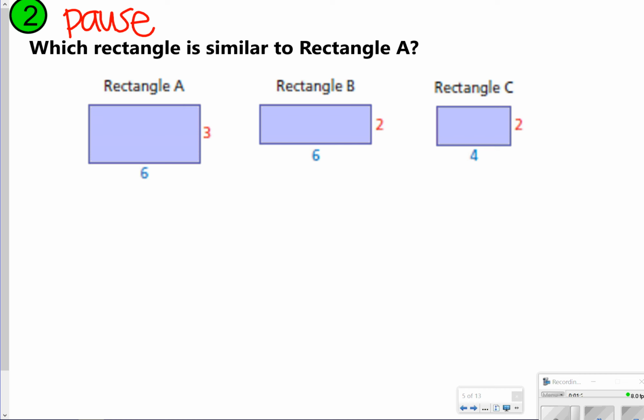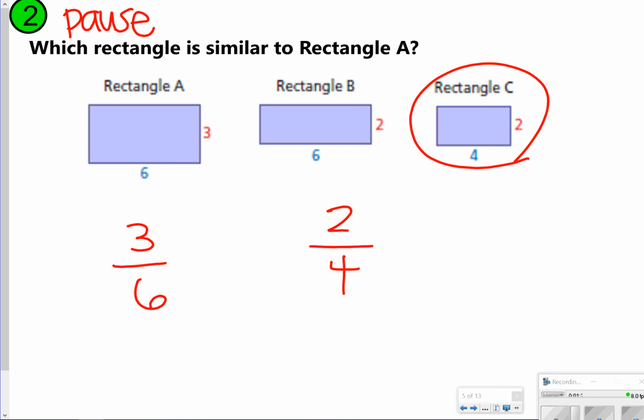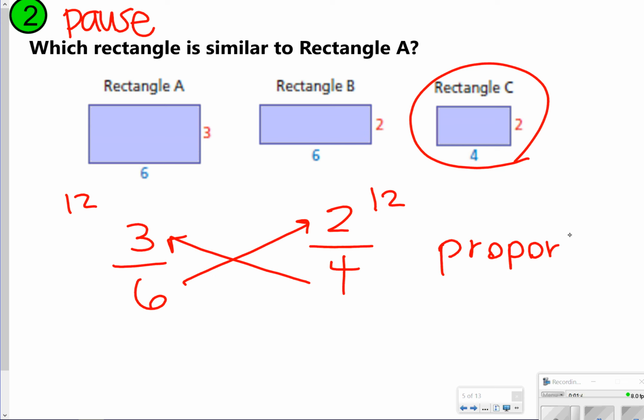Okay, so the one that's similar to rectangle A is rectangle C. The reason is that if you take 3 to 6 and compare it to 2 to 4, they're both halves. You could also cross multiply. 3 times 4 is 12, and 6 times 2 is also 12, and that means they are proportional. We learned this back in chapter 5.